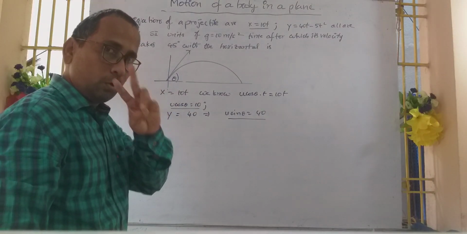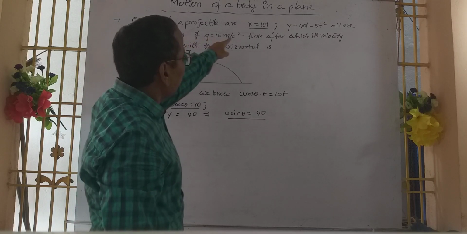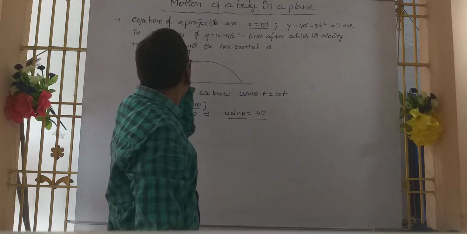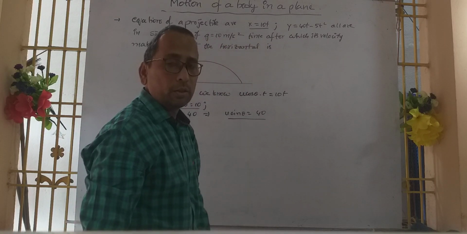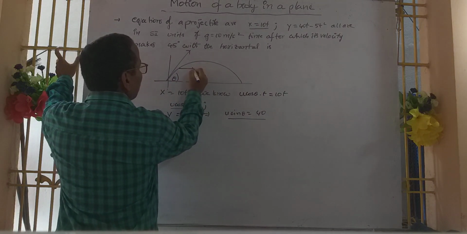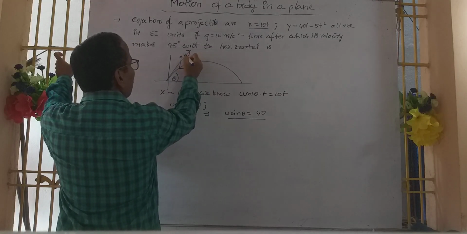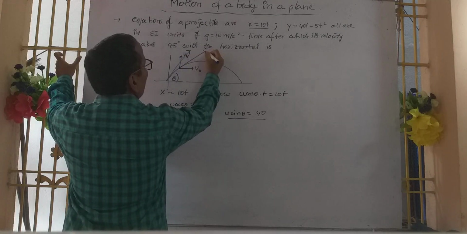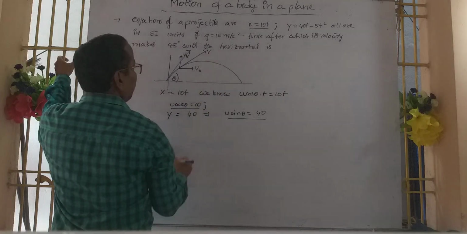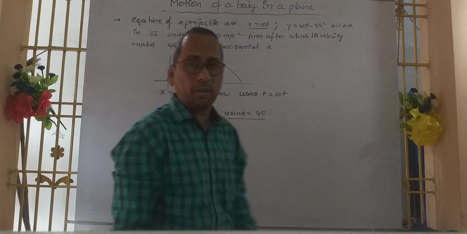We have two values, u sin theta and u cos theta, and g is equal to 10. We need the time after which the velocity makes 45 degrees with the horizontal. That means after some time, this is the horizontal velocity, this one is the vertical velocity, and this is the resultant velocity v, making an angle of alpha with the horizontal.